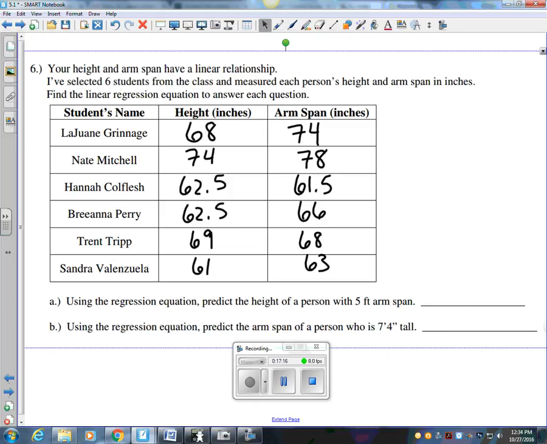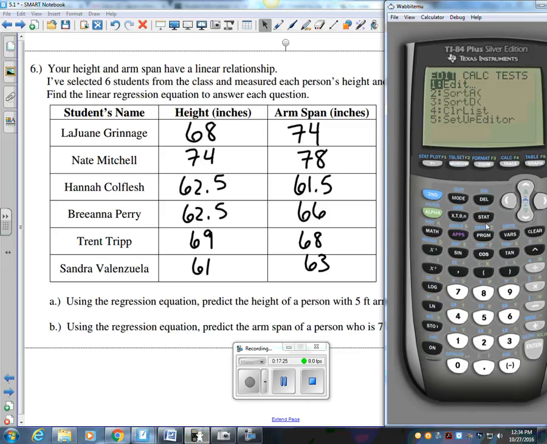All right, A says, using the regression equation, predict the height of a person with 5-foot arm span. So I need to get my regression equation first by using stat. 68, 74, 62.5, 62.5, 69, 61, 74, 78, 61.5, 66, 68, 63.